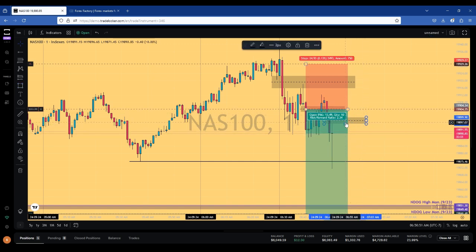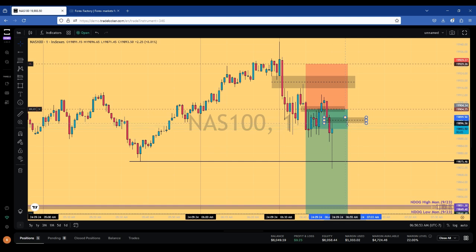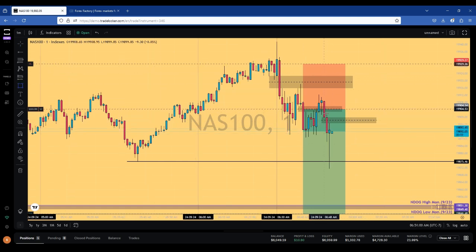Creating more fair value gaps up here, which is good. Some more displacement.